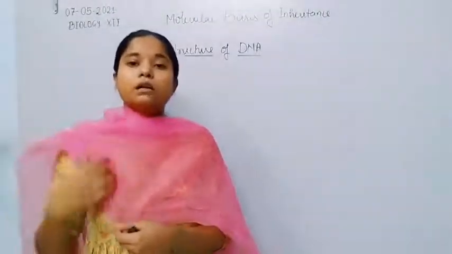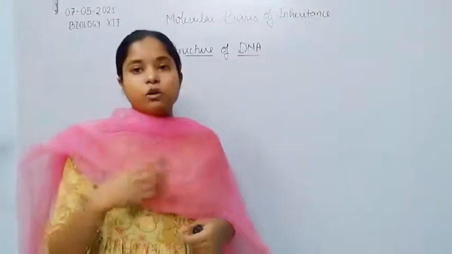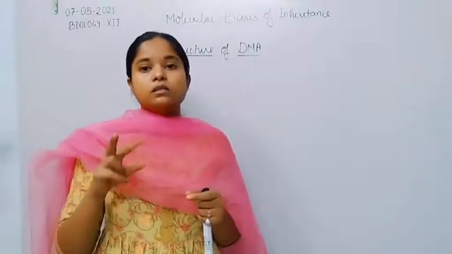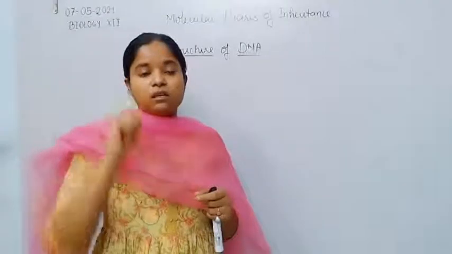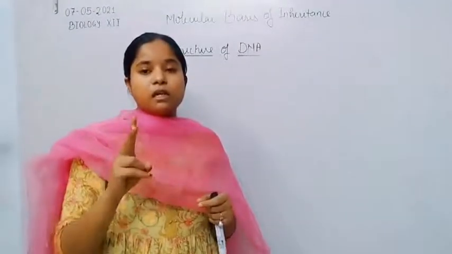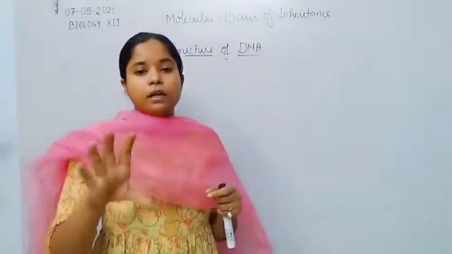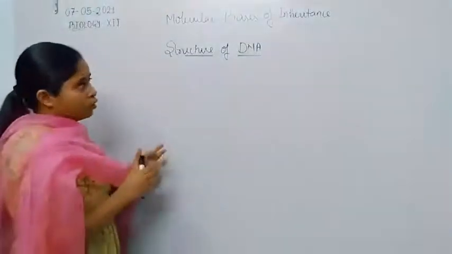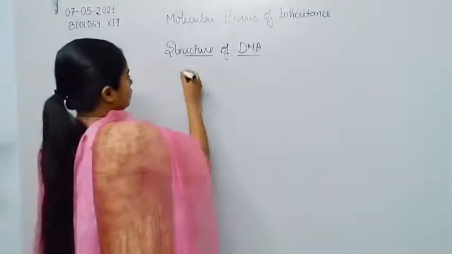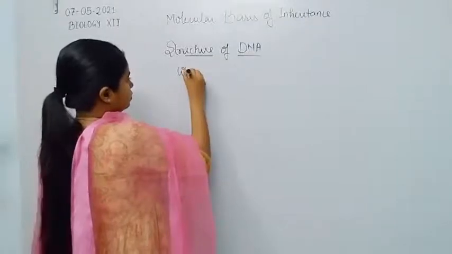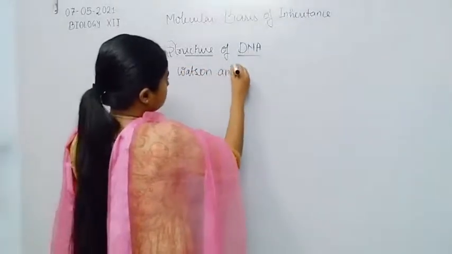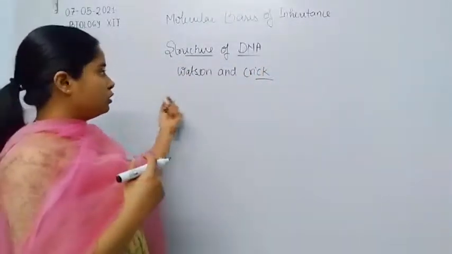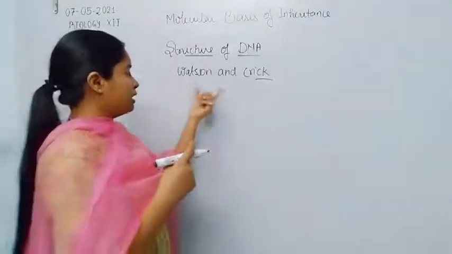So the double helical structure is only stable when the DNA has its phosphate groups on the outer region of the polynucleotide chain, according to Watson and Crick. Watson and Crick gave the DNA double helical model.